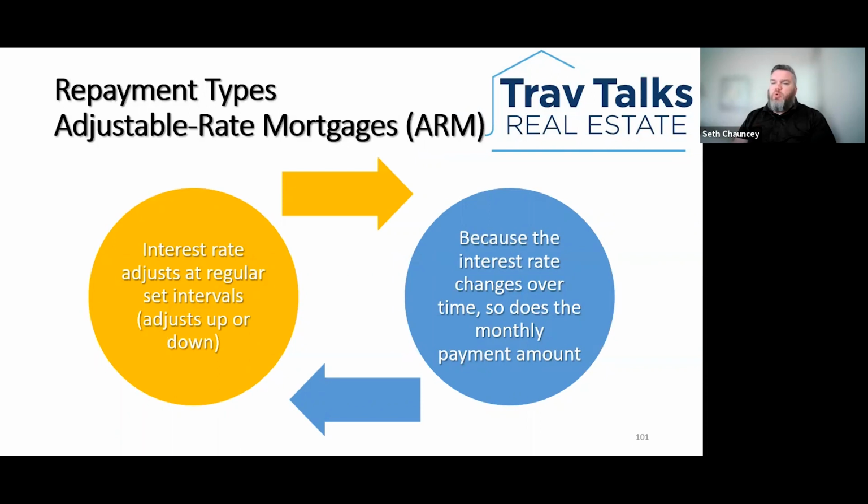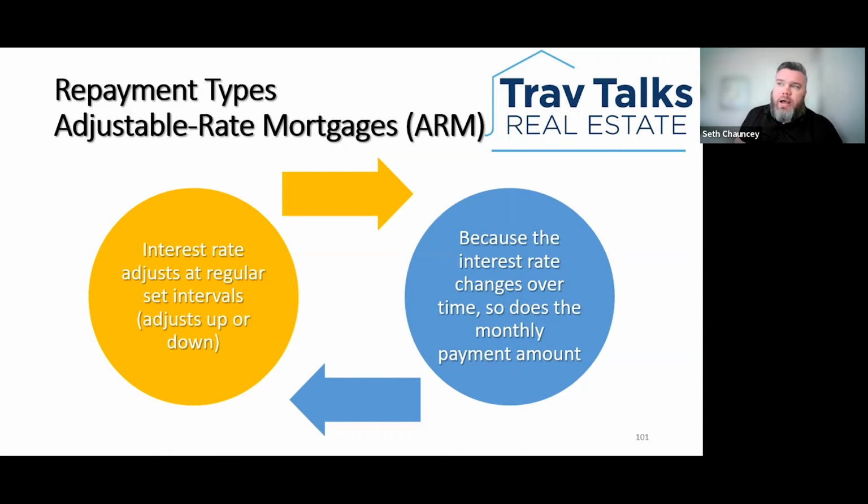The adjustable rate mortgage, also called an ARM sometimes, is exactly what it sounds like. It is where the interest rate can adjust up or down at regular predetermined intervals. There is what we call a 5-year ARM that is very common, where it'll be fixed for 5 years, but then after 5 years, it'll go into an adjustable rate.